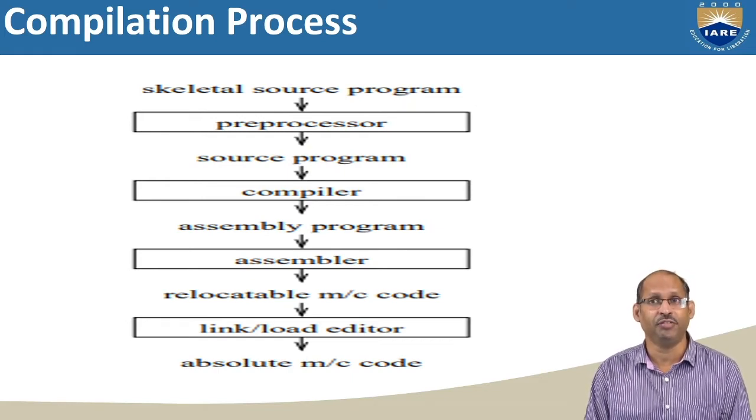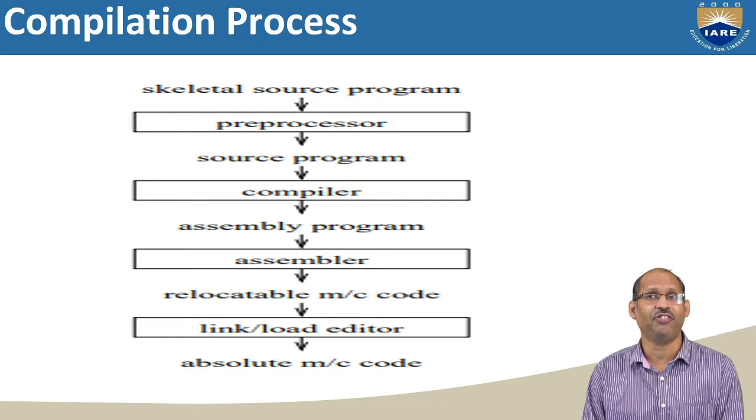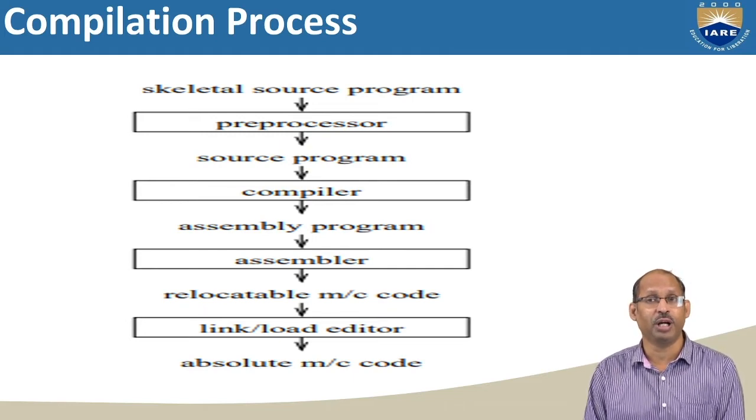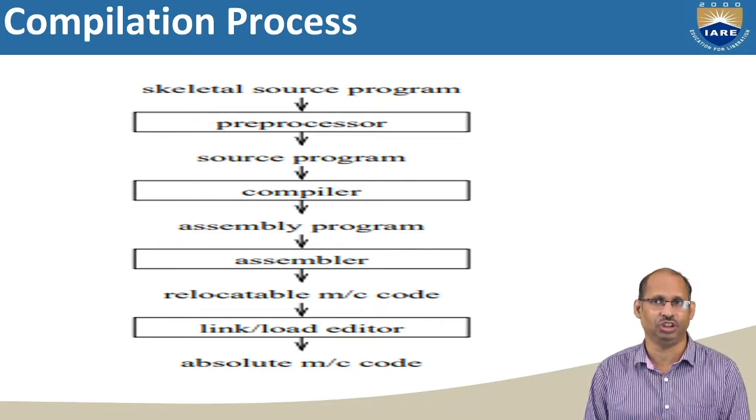It might be one of the forms of object code, right? This assembly program will be the input to the assembler. The task of the assembler is to convert these assembly programs to relocatable machine code. In an assembly program, we have symbols and codes representing the instructions, but in machine code, everything is in terms of ones and zeros.